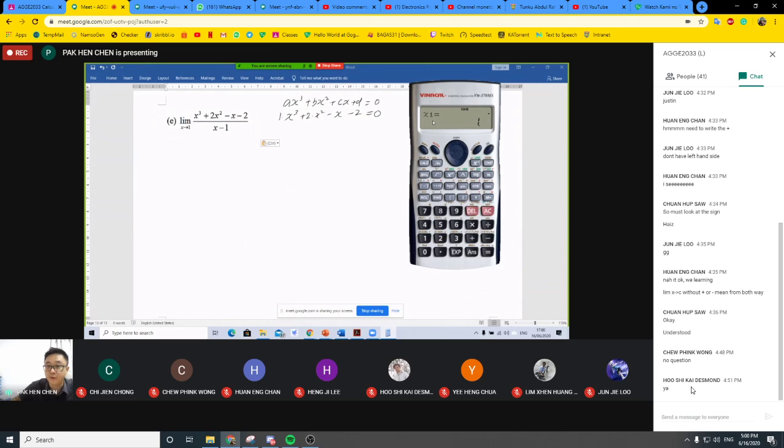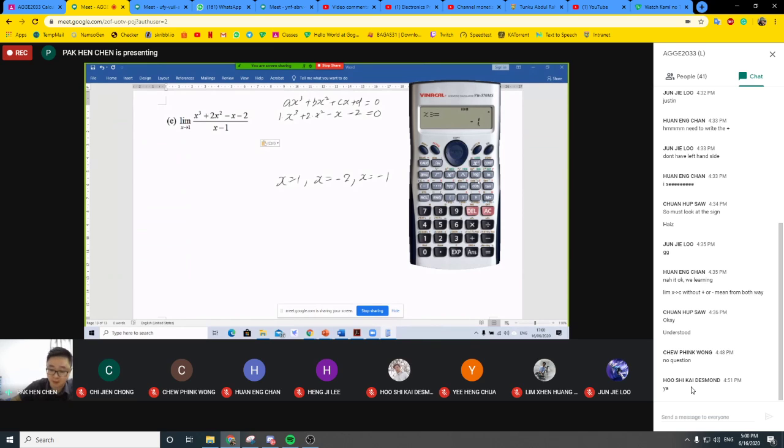Okay, and therefore we have X equals to 1, and also we have X equals to -2, right? And X equal to -1. Okay, yes, we have 3 roots. We have 1, -2, and -1.